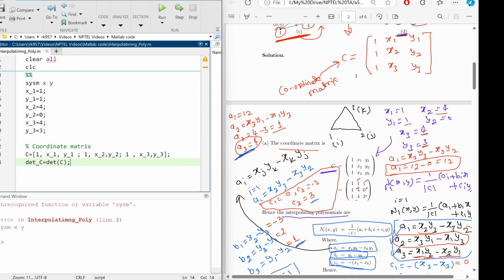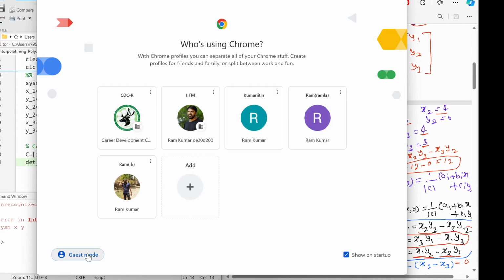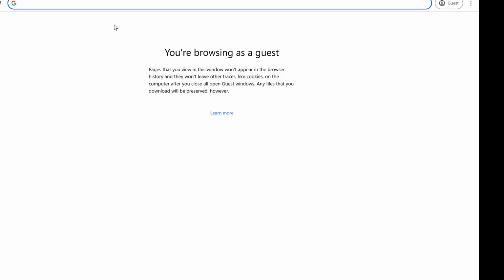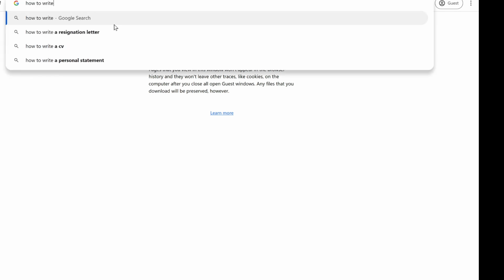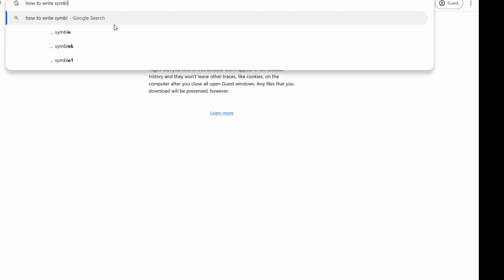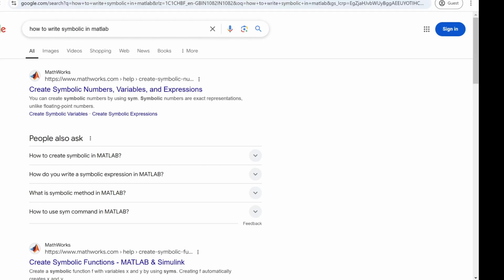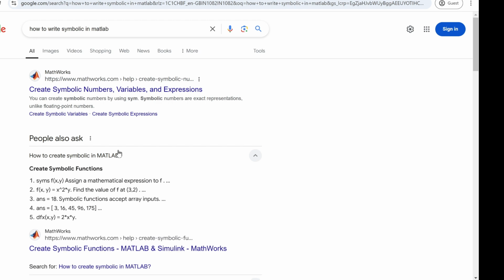If you have any issue, we will open Chrome and search how to write symbolic in MATLAB. So you will get this command: syms.